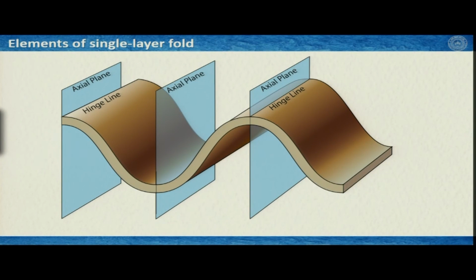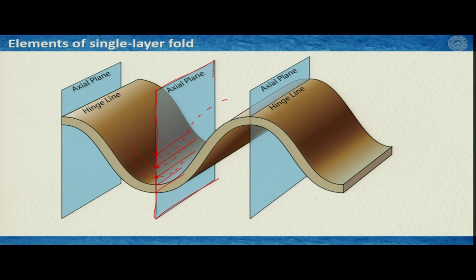Now, this is the illustration showing what an axial plane is. This is one hinge point, this is another hinge point, and if you can imagine, we have a series of folds here in the multilayer, then you can always find a series of hinge points and their corresponding hinge lines. If you connect all these lines together, then you generate a surface.